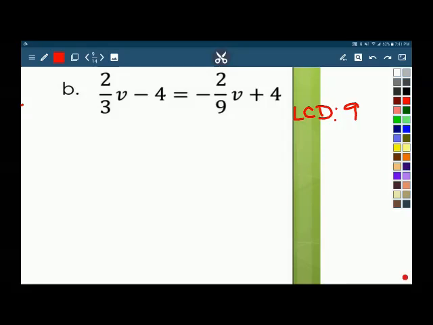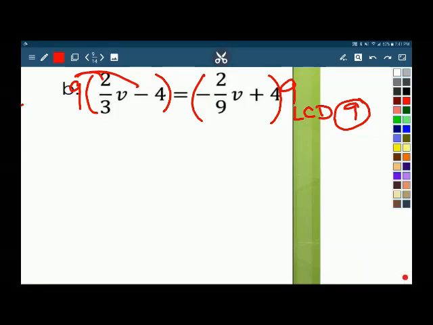Okay, so we're going to use the number 9, since 3 can become a 9, as what we multiply both sides by. So again, put your parentheses around both the entire sides, the left and right. And now we're going to use our distributive property to multiply it in.